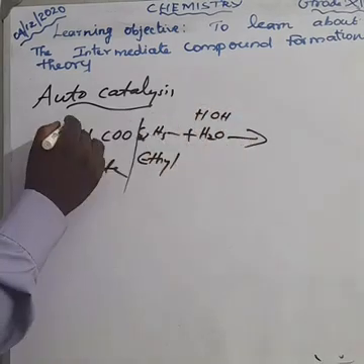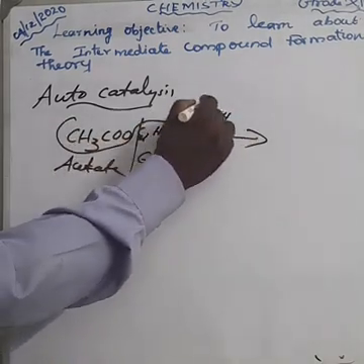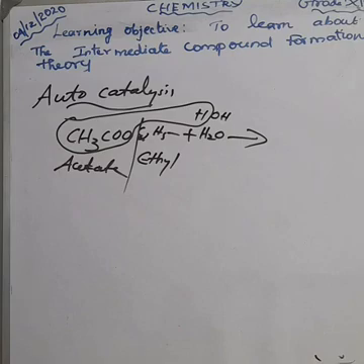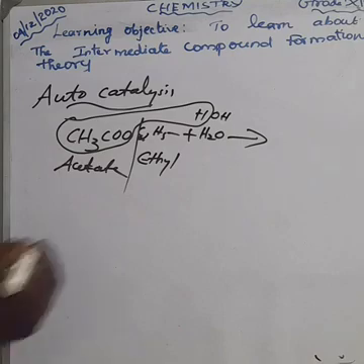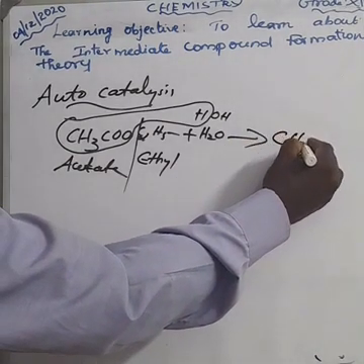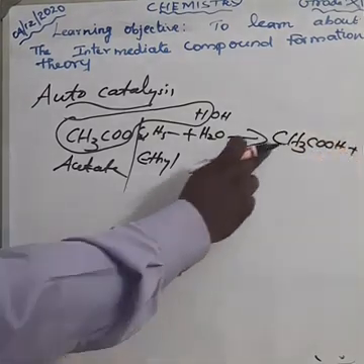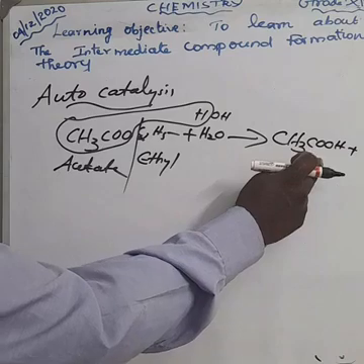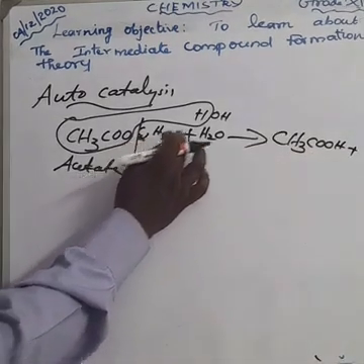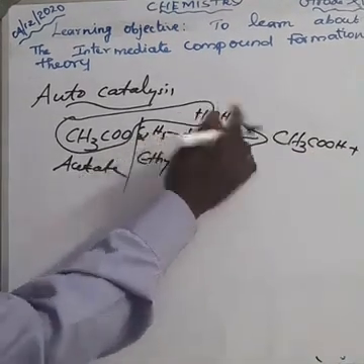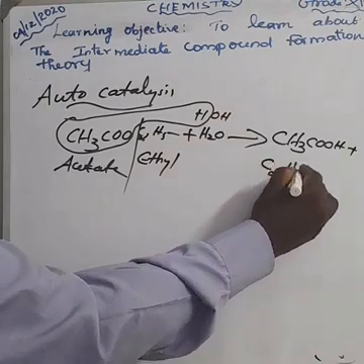Ethyl acetate reacts with water to form acetic acid, CH3COOH, plus C2H5OH.